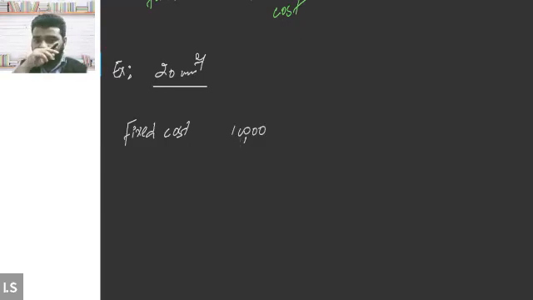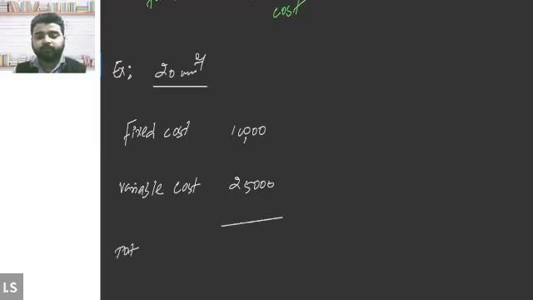Whether you increase or decrease the production, it is going to be 10,000. After that, apart from fixed cost, you must have spent a certain amount on variable factors of production. So your variable cost is, let's suppose, 25,000. That means for producing 20 units of a particular product, you have spent a total cost of 35,000.